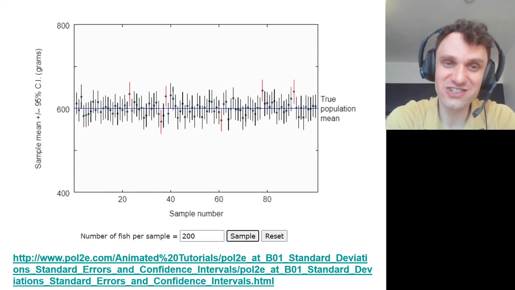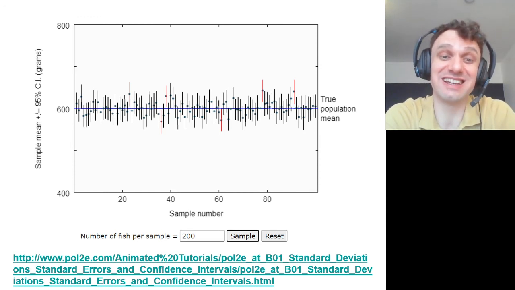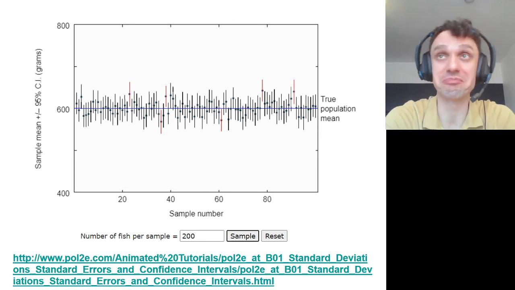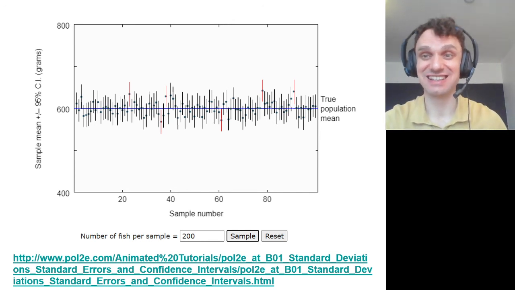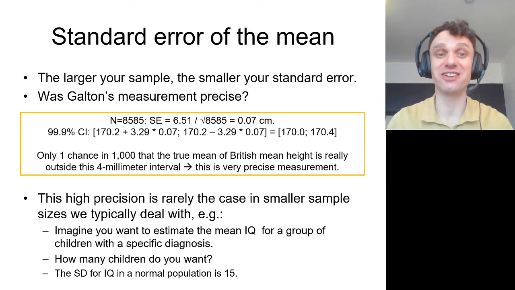They will generally be around the true population mean. But obviously, the amount of resources required to catch 200 fish is very, very huge, so probably you won't be willing to get such a large sample. So in general, the larger your sample, the smaller your standard error, the more precise your estimates of statistics.